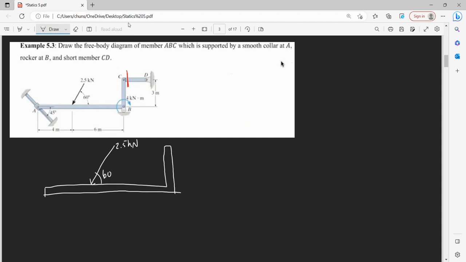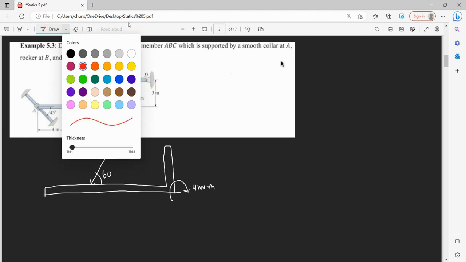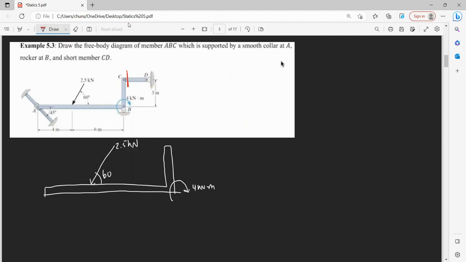So we want to include some important geometry. So if there's angles, definitely a good idea to include them. We have a moment of 4 kilonewton-meters. Right, and that's all we know so far about what we have. So here we have a smooth collar, and we know this develops a normal force to the plane it acts on.